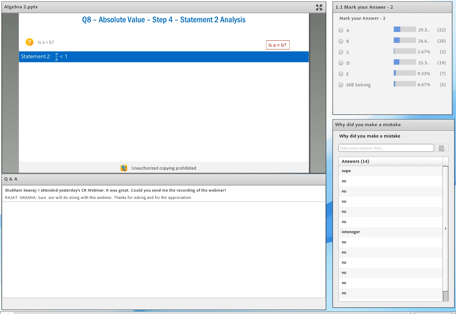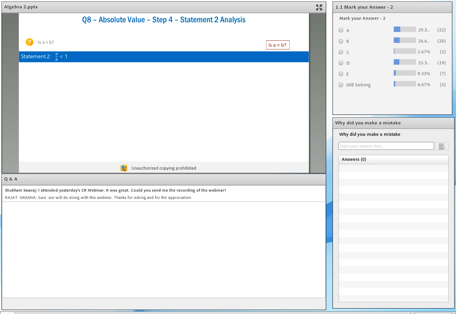Okay. Now let's look at statement 2. What does statement 2 say? Just in pure English. Statement 2 says that A divided by B is less than 1. Okay. When A by B is less than 1, what is the value which is not possible?